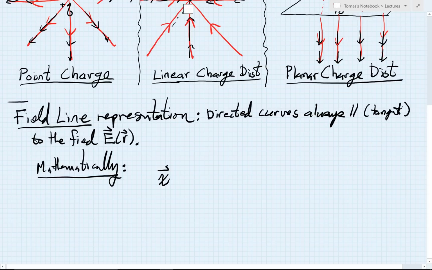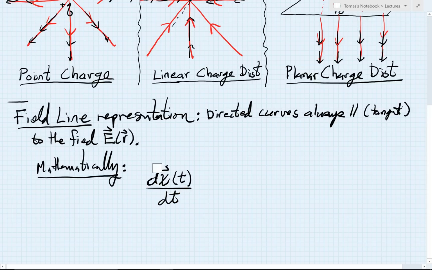A line is a one-dimensional object, so I'll have a single parameter, and for reasons that will become clear in a moment, I'm just going to call that t, although right now it doesn't necessarily have anything to do with time t. Now, if this is a curve, mathematically, you will recall, the way we calculate the tangent vector to the curve in vector calculus is by taking the derivative of the parameterization with respect to the given parameter.